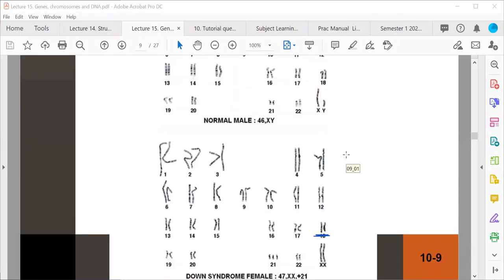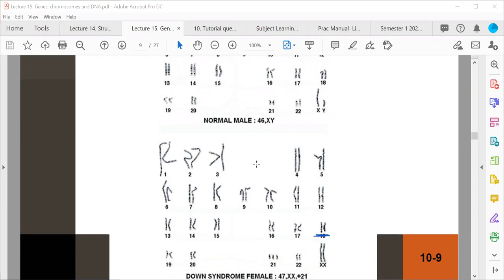If we look at the sex chromosomes for a female, there are 2 X chromosomes. Obviously, there was a problem straightening out these chromosomes here, as you can see, but overall, a really good job.